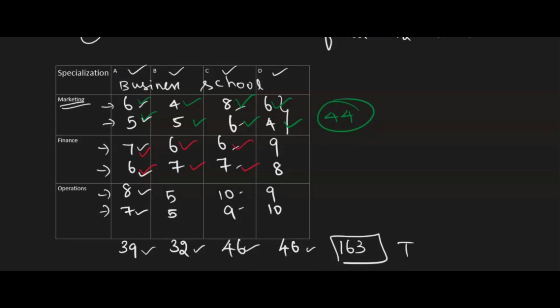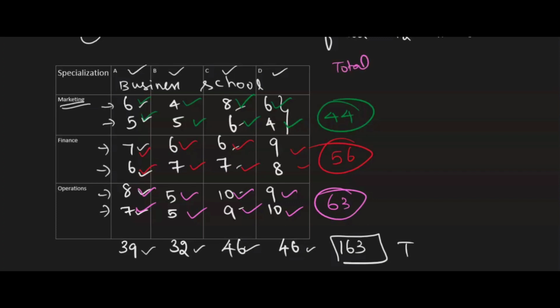You can add it very easily because 3 times 6 plus 3 times 7 plus 9 plus 8. This will give you 56. Same way you have the last one, 8, 7, 5, 5, 10, 9, 9, 10. This gives you 63. So now we have the total, and if you add 44 plus 56 plus 63, you will get 163. So this is your total.